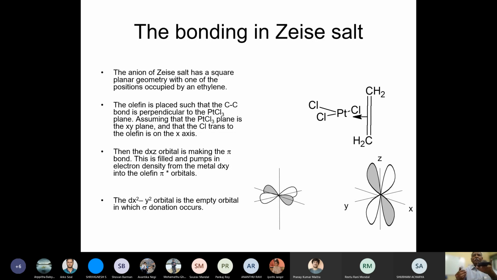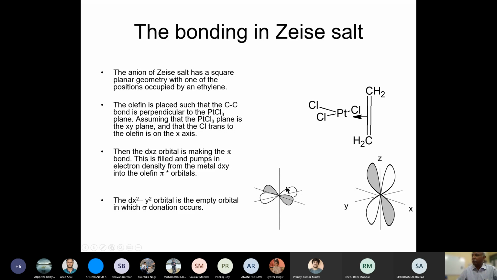This is a plane in which the PtCl3 is present, and this is my olefin, right? I can have it like this, I can have it like this. So there are two positions in which the olefin can interact with the metal complex, and both of them are possible.